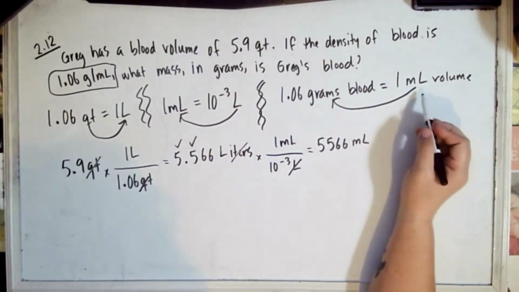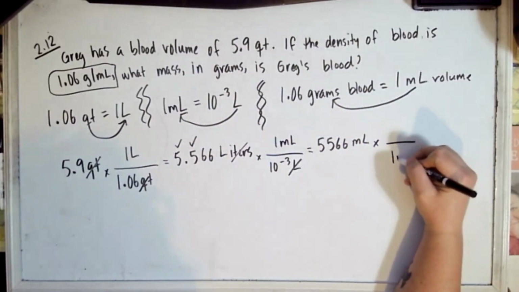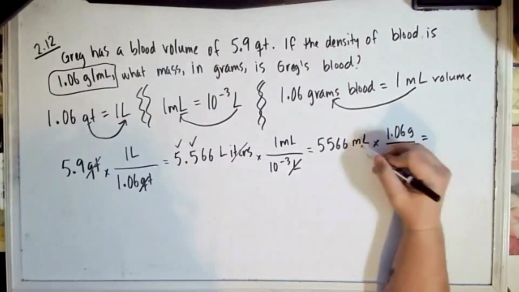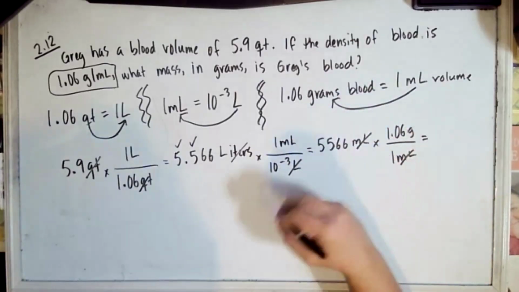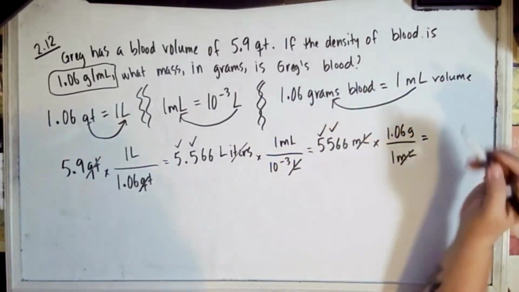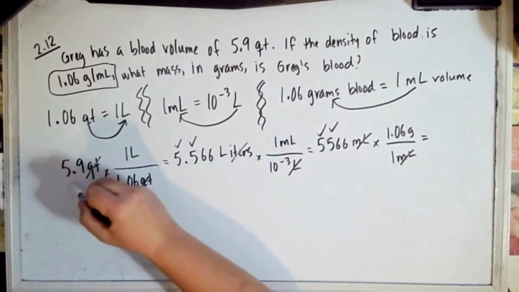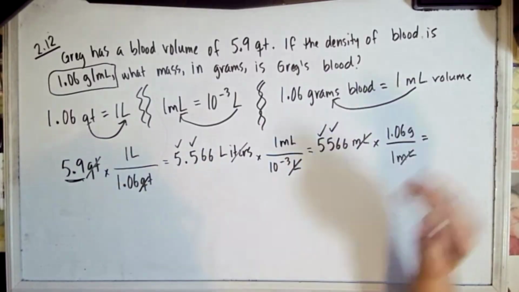And then with our last conversion, we'll go from milliliters into grams. Every 1 milliliter is going to be 1.06 grams. Okay. We're still keeping 2 significant figures there. I'm checking off only 2 significant figures for these because I'm going back to the 2 significant figures that were in 5.9.